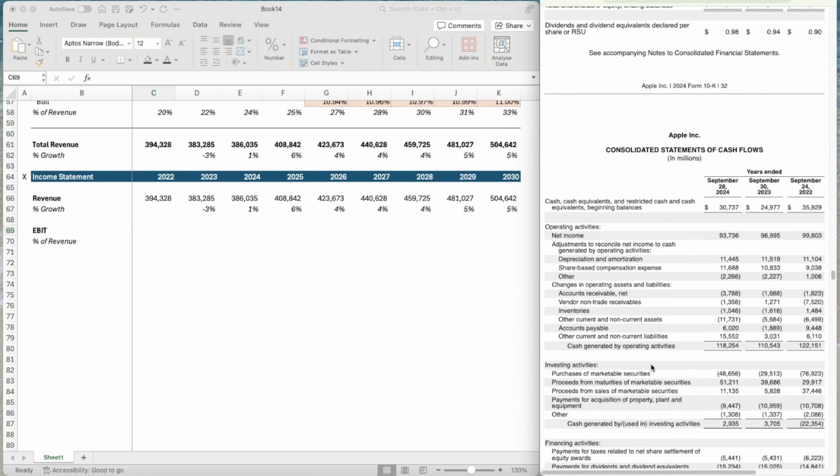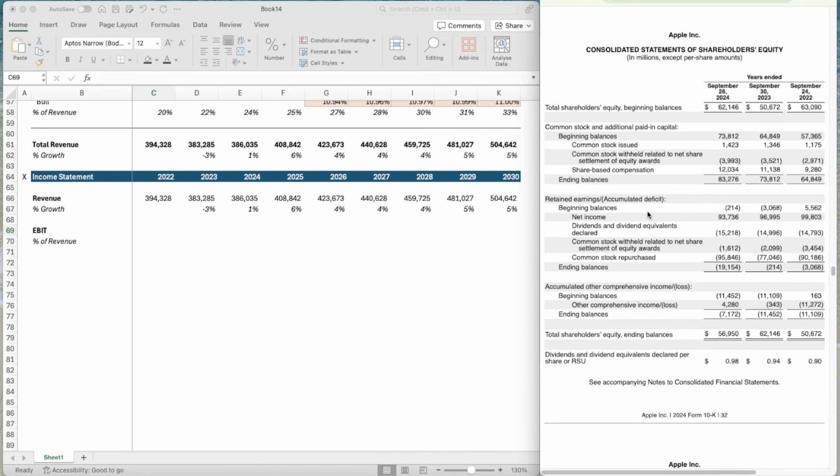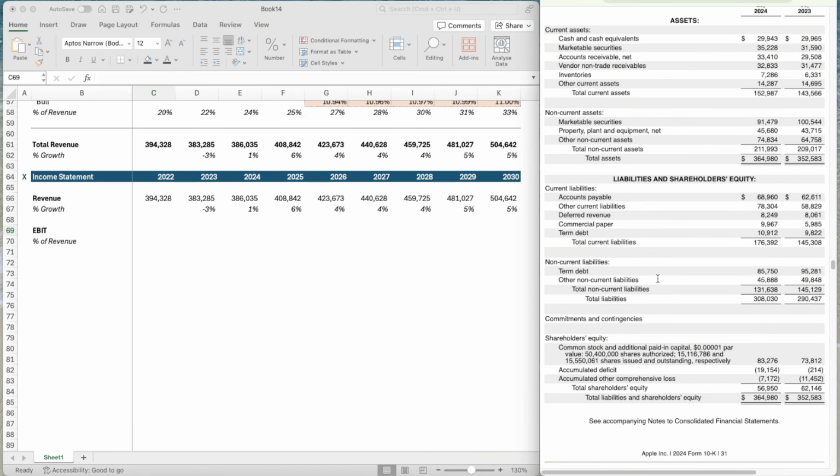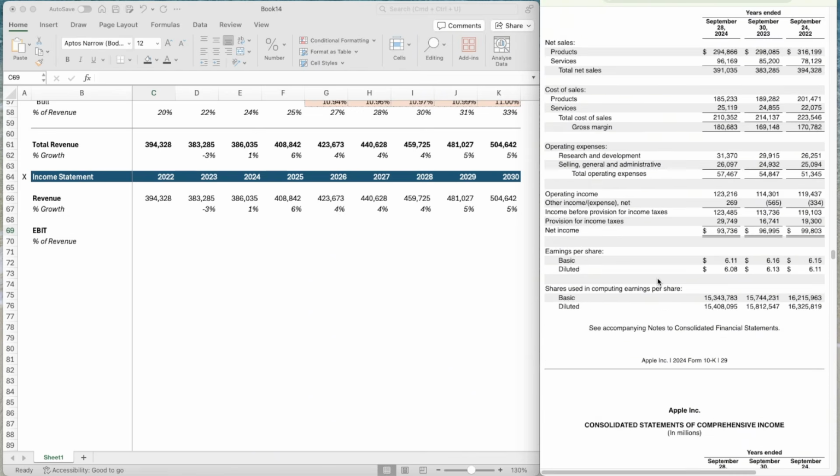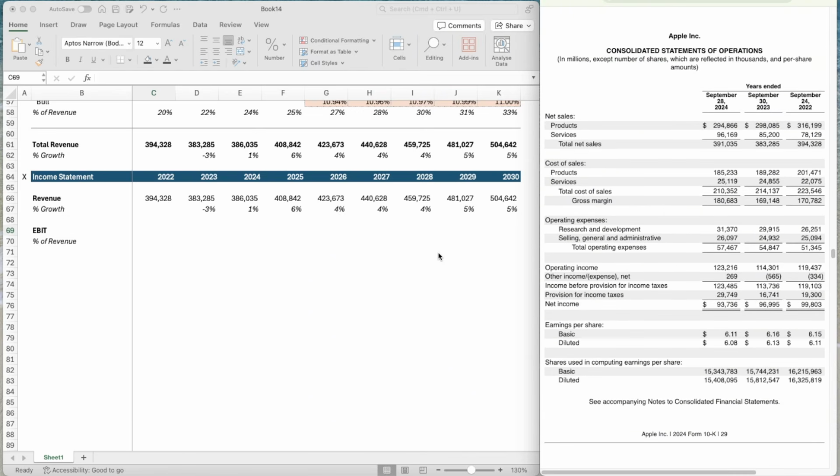Here we are. So this is your cash flow statement. This is your balance sheet. Then the income statement is here. And this is what we need, operating income.